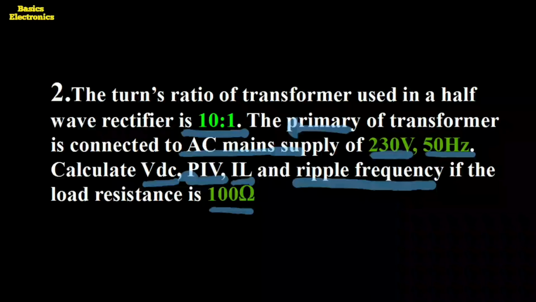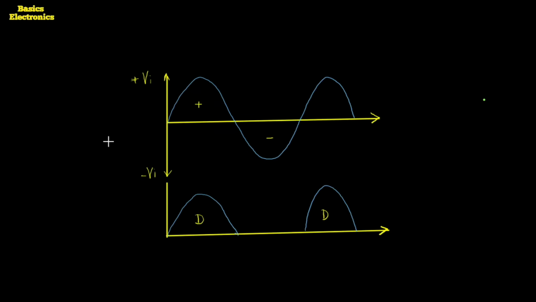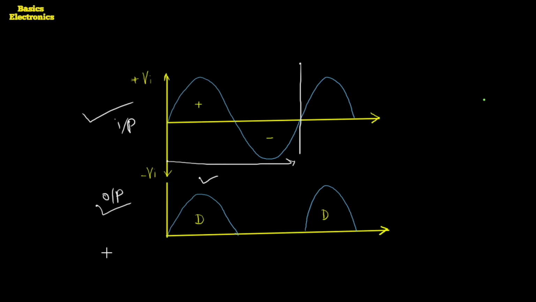Now, why is this Fo equal to Fin? For this, we move towards the waveforms. Here this is the input waveform, this one is the output waveform. For one cycle of this AC, we get one ripple. So the number of ripples and the number of cycles are the same.